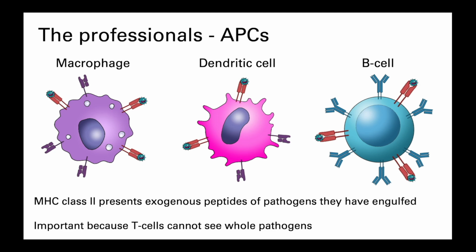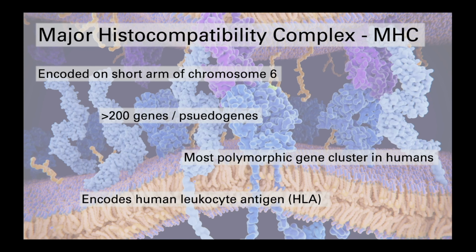The major histocompatibility complex, or MHC, plays a key role in allowing the immune system to identify self from non-self and pathogens that can induce harm. So they're central to this stranger danger model of immunity. The MHC is encoded by a large cluster of genes on the short arm of chromosome 6.